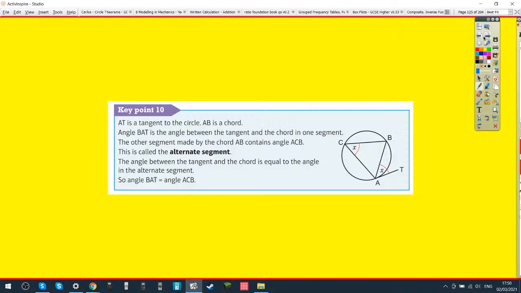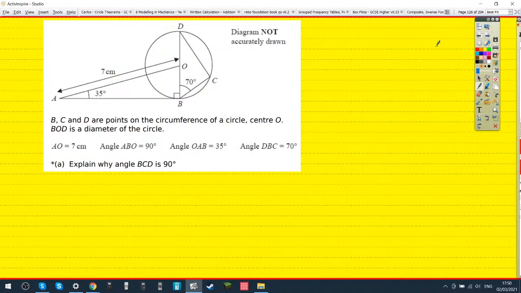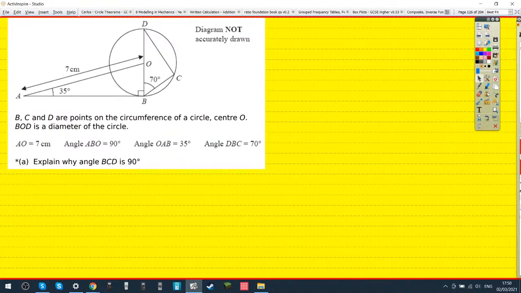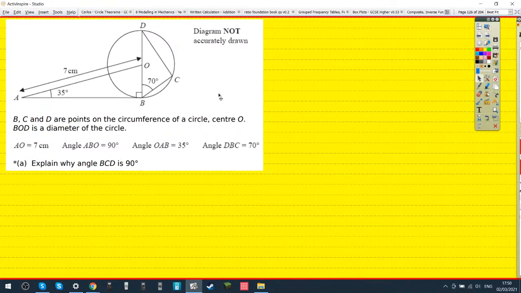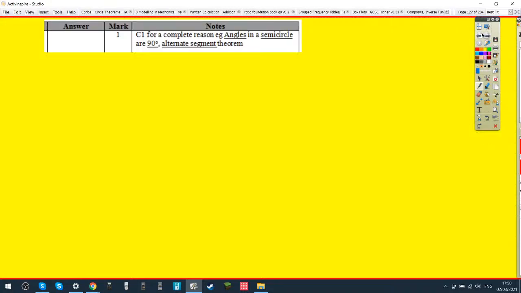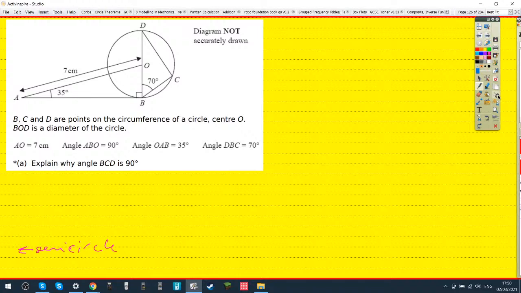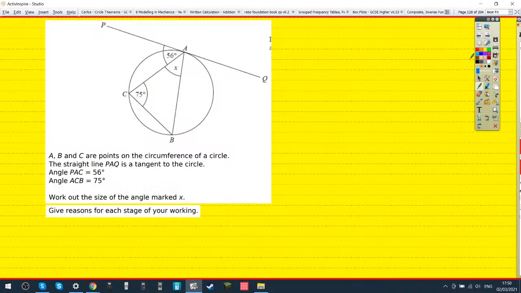Let's see this one. Alternate segment. So these two are equal. If you have a tangent on the outside and then this opposite angle on the inside, those are equal. Right, what's it called for this one? Wait. B to C to D. No, I need to move that back. Alright, let's try this.